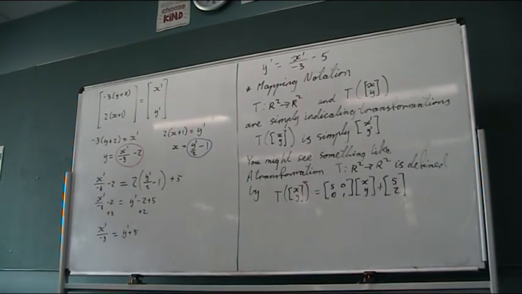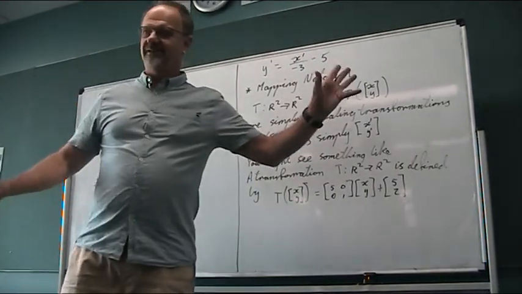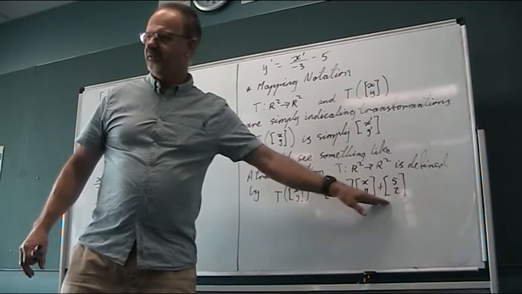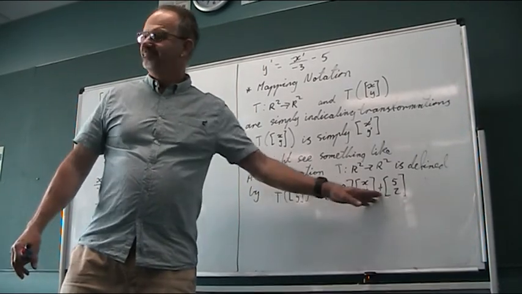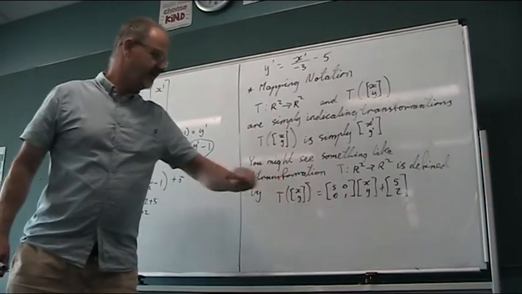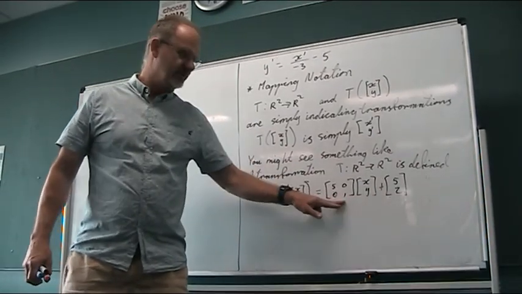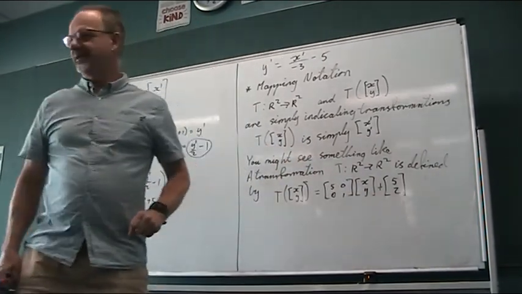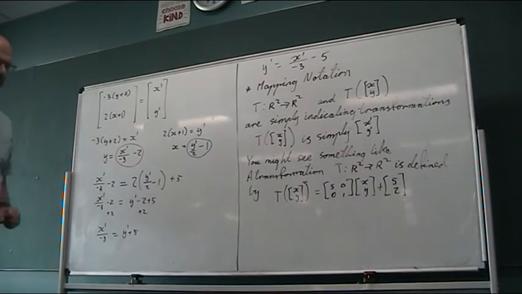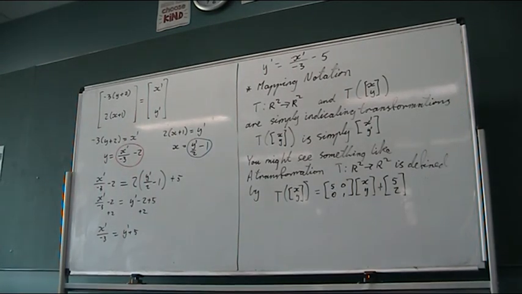A transformation T, R squared to R squared, is defined by T of x, y is that. Alright, what does it mean? It means do this transformation. You'll notice in this one there's no brackets around here. So in this one we do the times first, then the addition. But as Sarah said, because the previous example had brackets, we do that first.